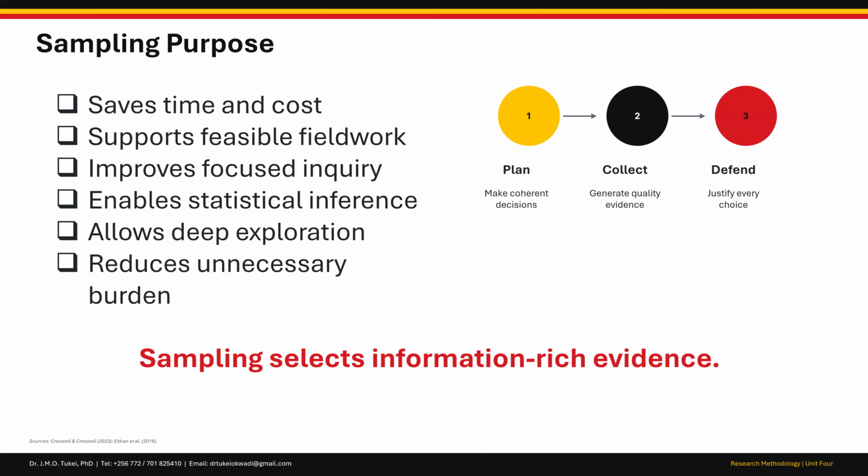Probability sampling gives each eligible unit a known chance of selection, while non-probability sampling relies on judgment, accessibility, or even relevancy. For example, stratified sampling may be used to ensure nurses, laboratory staff, clinicians, and even pharmacy staff are all represented.